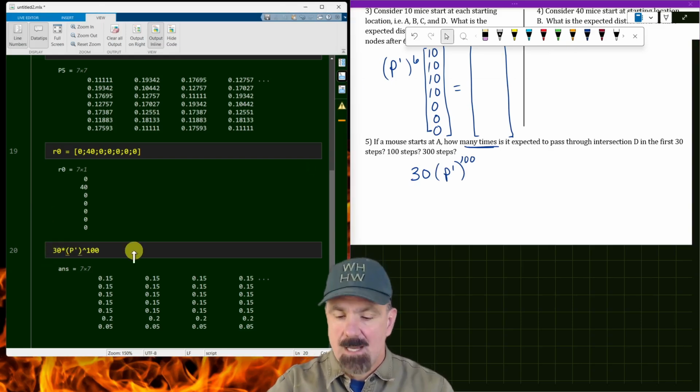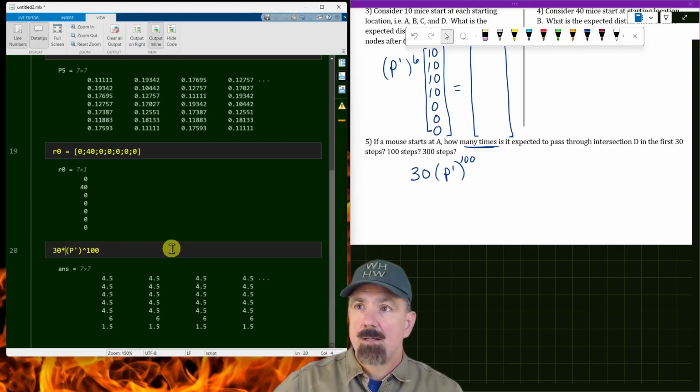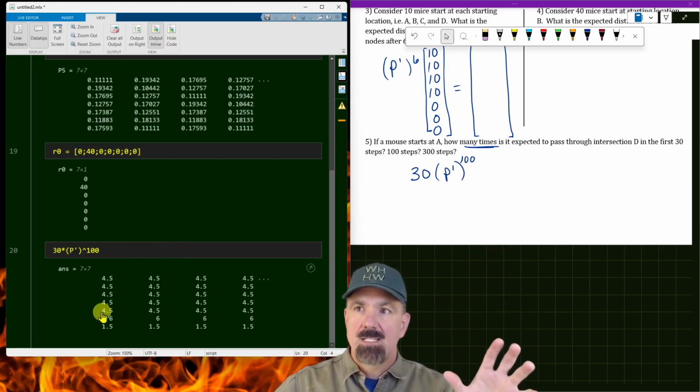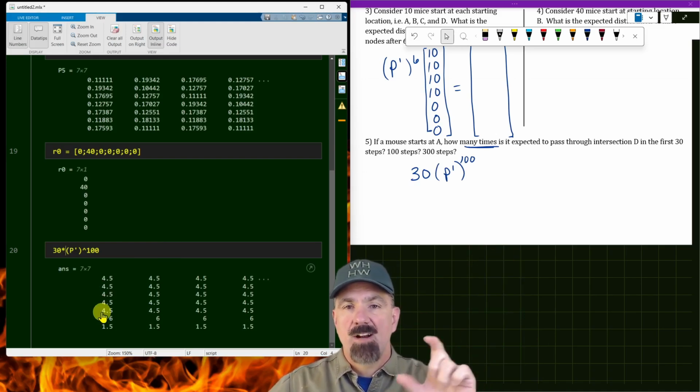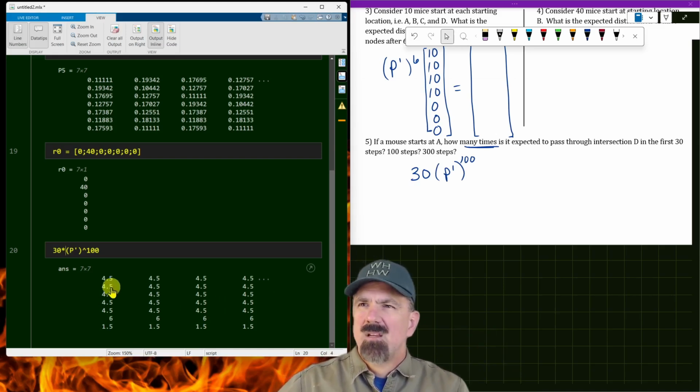We have 30 times P transpose, and of course this is going to give us a matrix, but each of the column vectors is representing the equilibrium solution, so they're all the same. So we can see that we expect a mouse starting at A to have passed through D about 4.5 times.